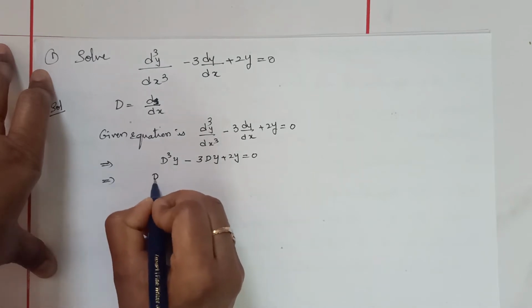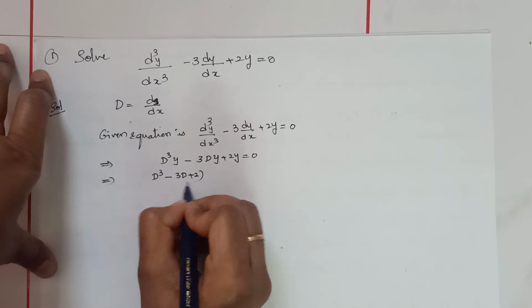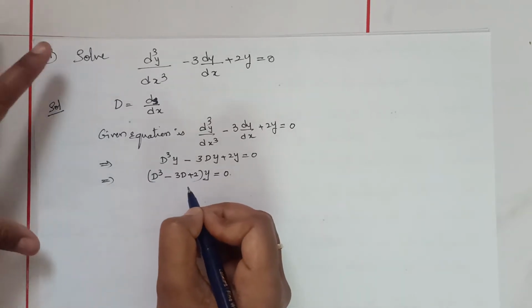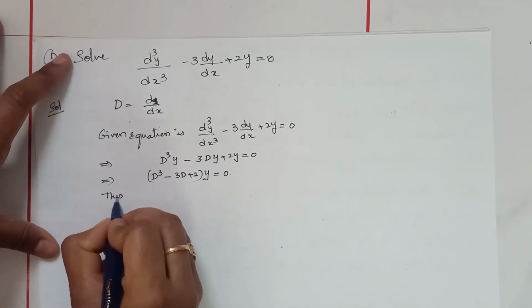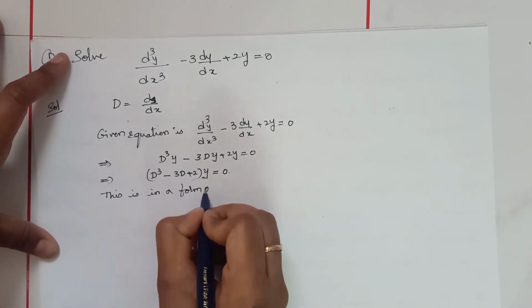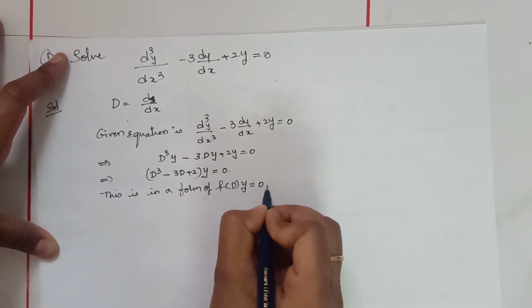This implies (D^3 - 3D + 2) y = 0. This is in the form of f(D) y = 0.